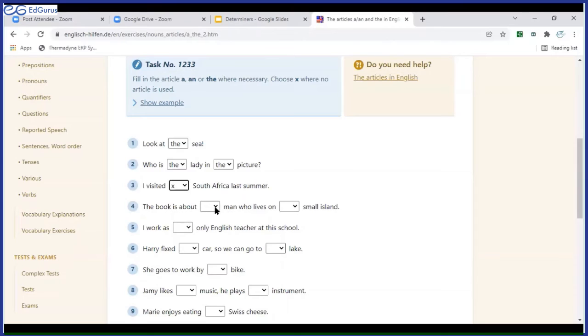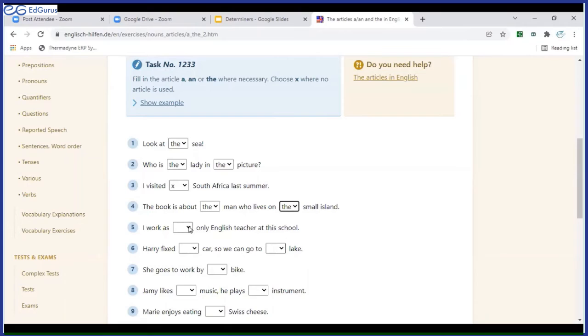Okay. The book is about dash man who lives on dash small island. About the man, who lives on the small island. You will see this later.